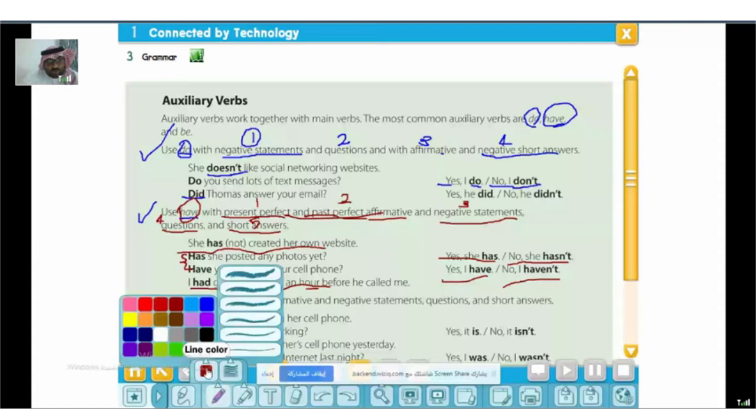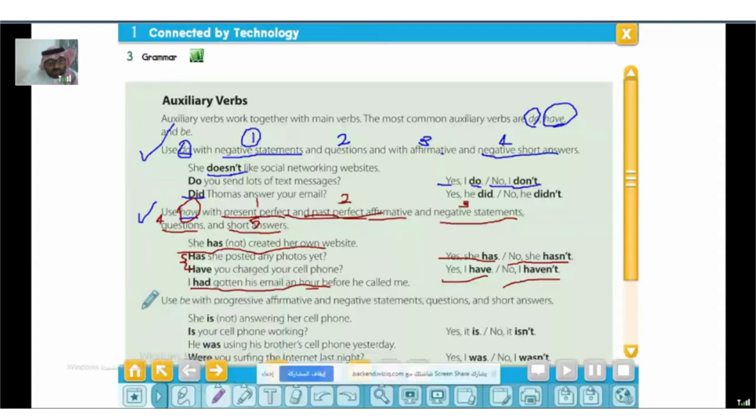Okay, now let's go to the last one, be. We use be with progressive affirmative. Number one, with a progressive affirmative.